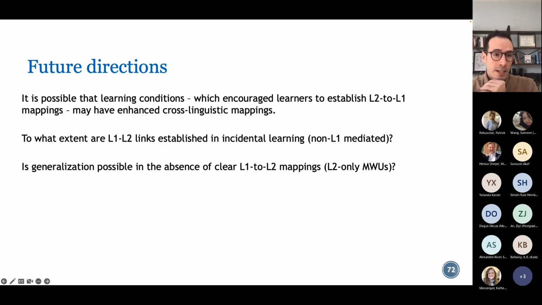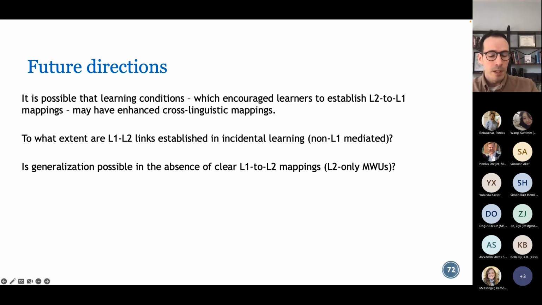So of course, there are many directions this could go in the future, and one possibility is that also here explicit mappings from the L1 to the L2 during training may have enhanced those cross-linguistic mappings. So interesting directions for the future would be to examine how, for example, generalization might play out in the context of incidental learning, where learners are not so directly mapping novel second language multi-word units to their knowledge in the first language.